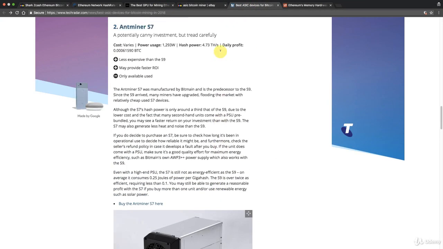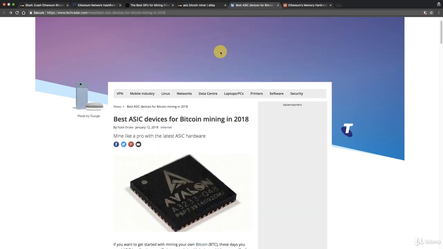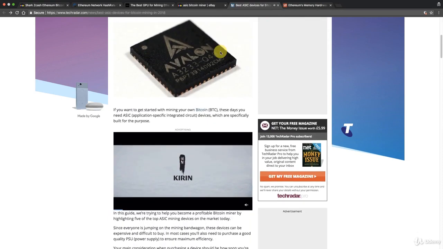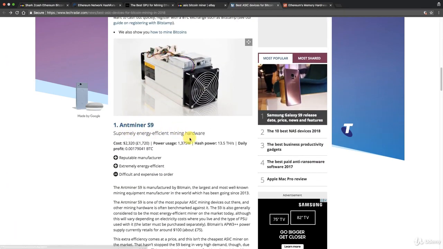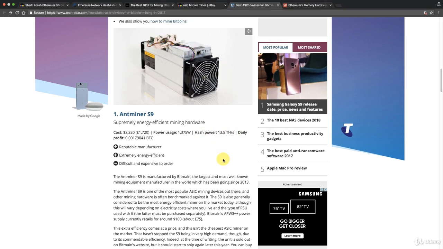And best ASIC devices. Here we've got another article from TechRadar. There you can see the Antminer S9. What can you get? 13.5 terahashes, trillion hashes per second.